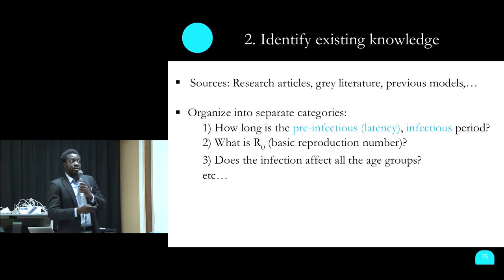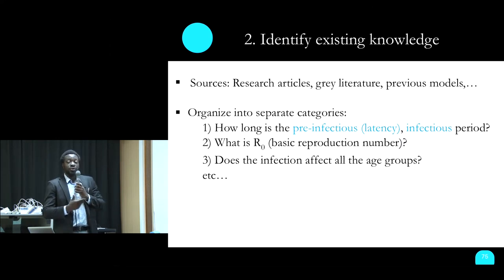As I say, we need to look at the literature. The source of the literature can be the research articles, gray literature, previous models of the same issues or similar issues. And you can organize it into different categories. For example, how long is the latent period of other forms of influenza? How long is the infectious period?